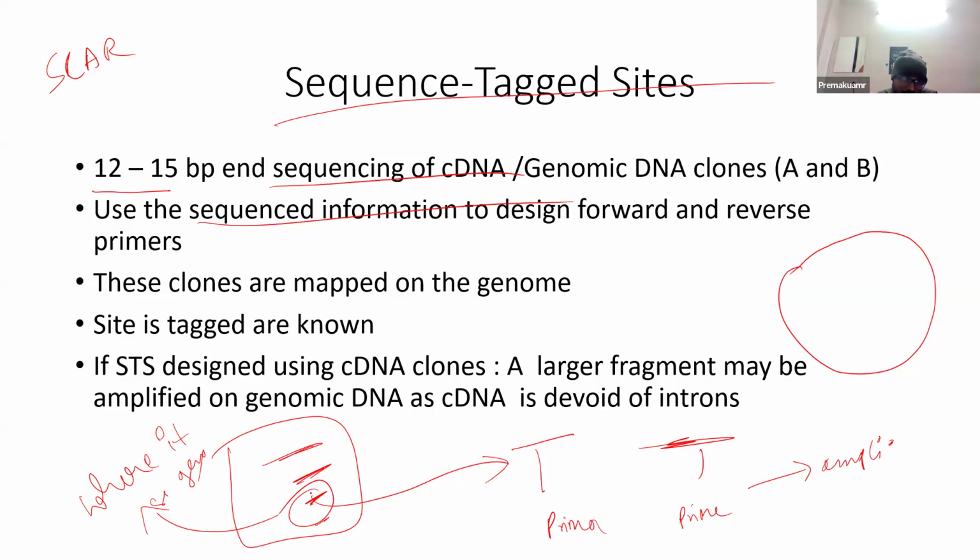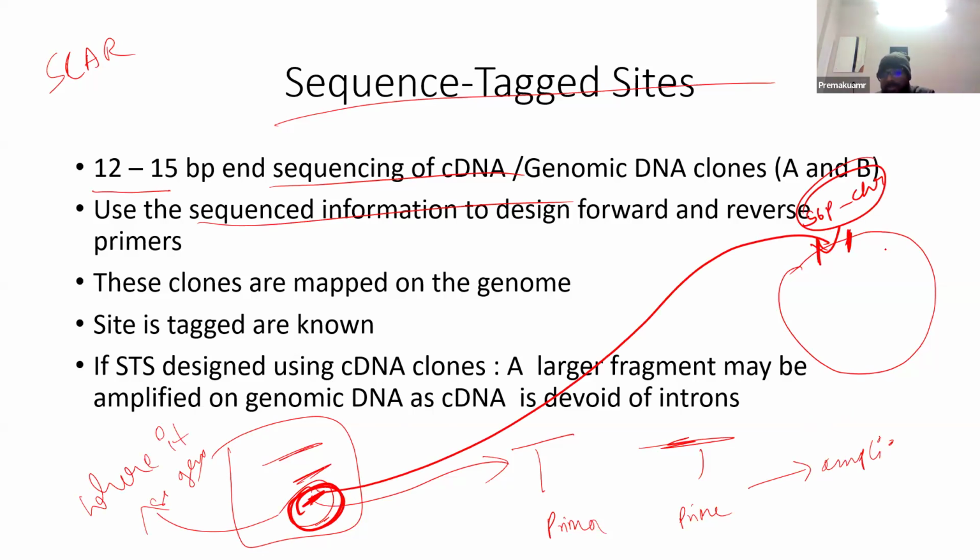But if you know where this particular band is on the genome, for example at a certain base pair on chromosome number 1, if you know where the band is coming from and where it is located in the genome, it is a tag. The position of this band is tagged on the genome.